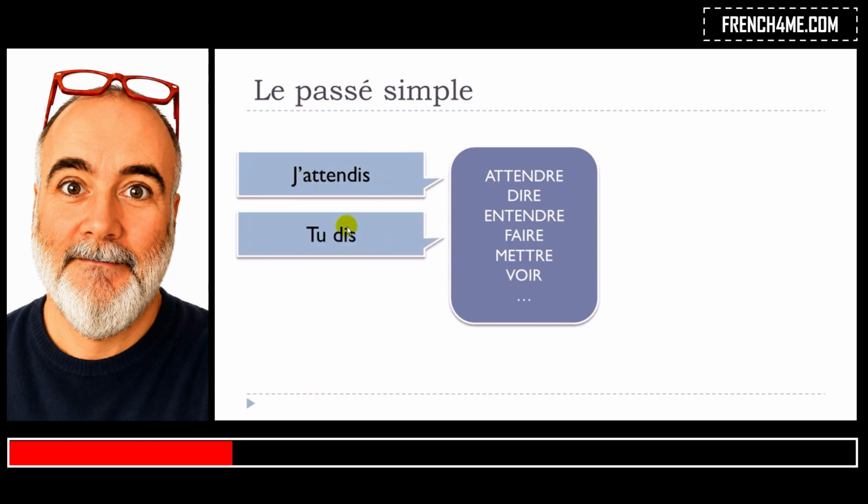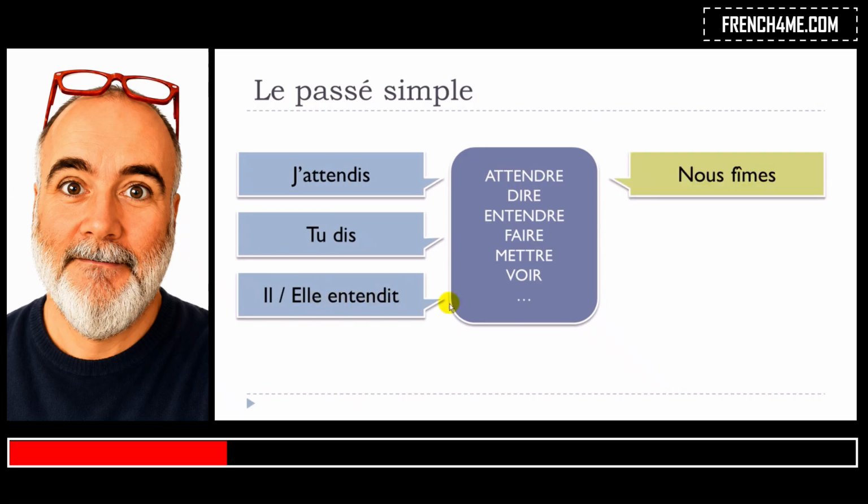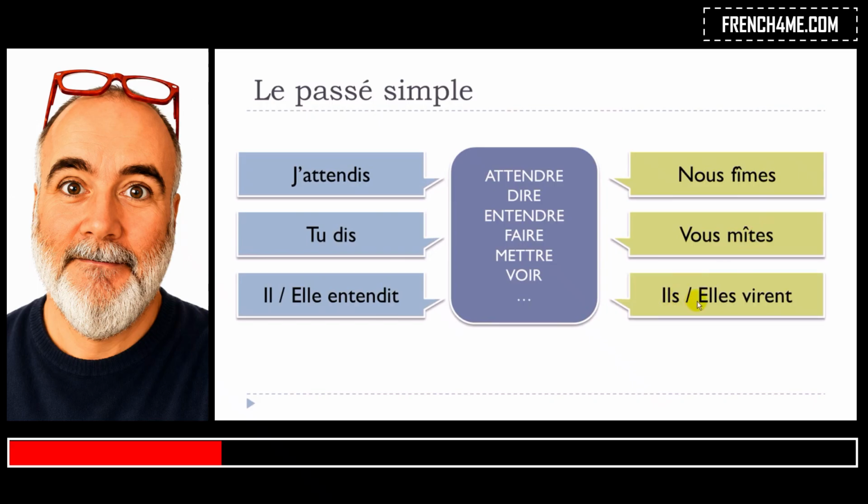J'attendis, tu dis, il entendit, elle entendit, nous fîmes, vous mîtes, ils virent, elles virent. Okay, so j'attendis, tu dis, il entendit, elle entendit, nous fîmes, vous mîtes, ils virent, elles virent.